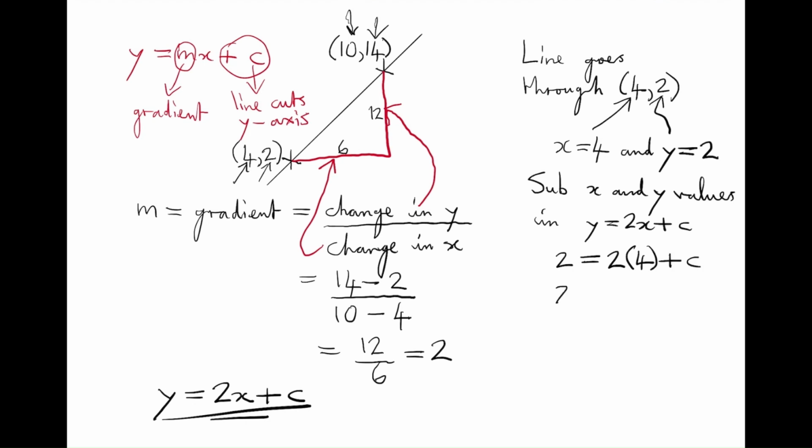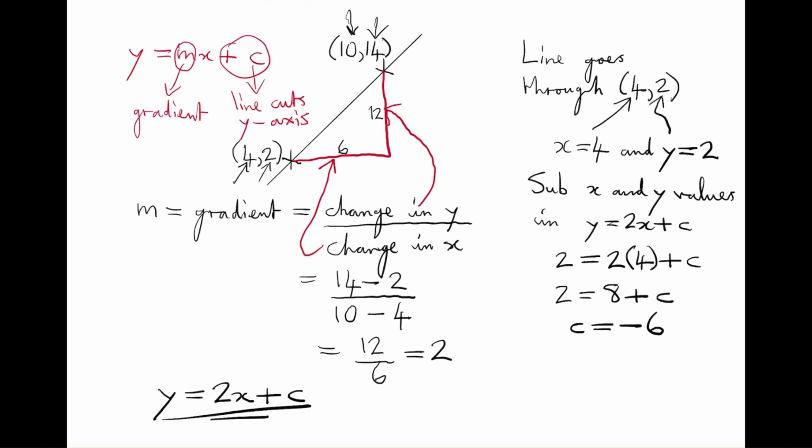So 2 is equal to 2 multiplied by 4, which is 8, plus c. So to find the value of c, we need to subtract the 8 from both sides of the equation, and c is 2 minus 8, which is minus 6.